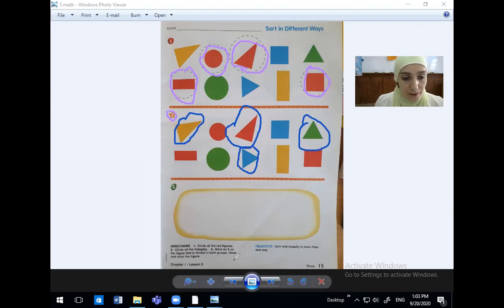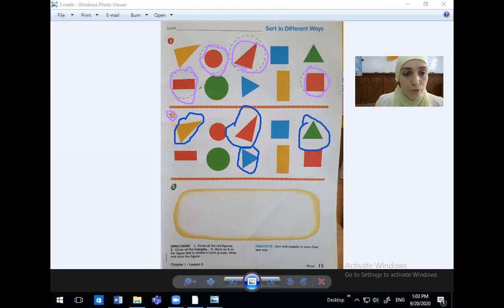And number 3, mark an X on the figure that is circled in both groups and draw and color the figure. So let's see into these groups, number 1 and number 2. Is there one figure that we meet in both groups? Let's see.